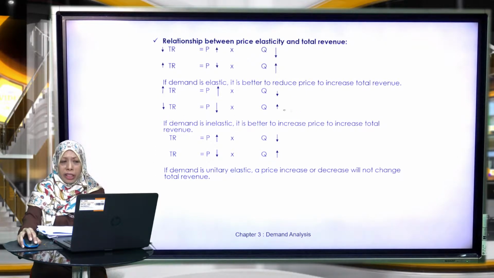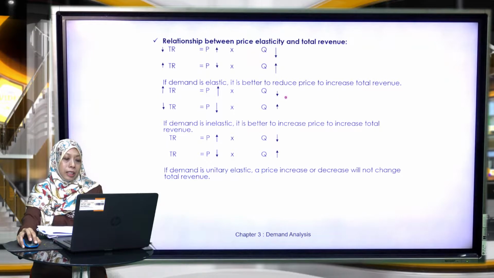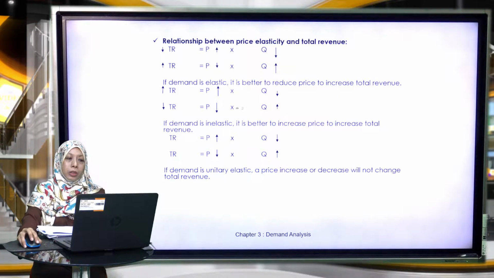Looking at this exercise, you can see that knowing your customers are not sensitive or less sensitive towards change in price, it will be helpful for the firm to charge them a higher price, because the customers simply don't care. They will simply buy the product. So eventually, the firm will gain.